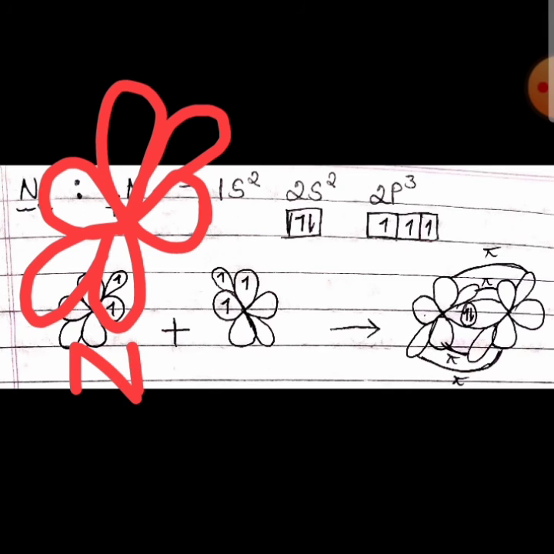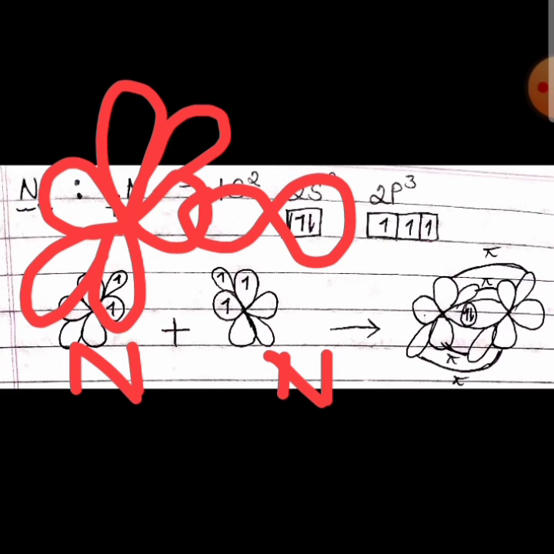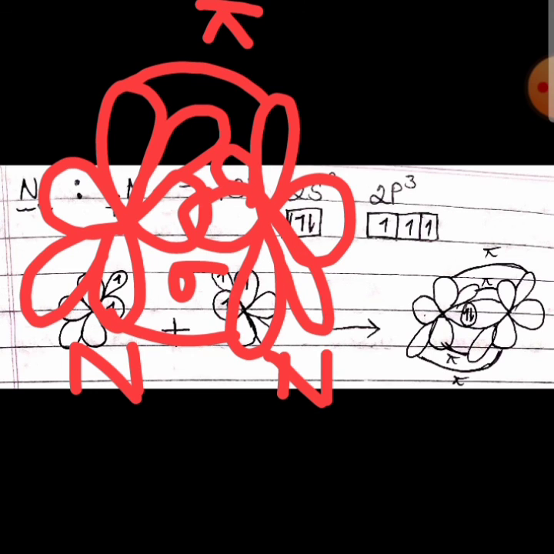The p orbital of another nitrogen overlaps axially to form one sigma bond between the two nitrogen atoms. The second p orbital having an unpaired electron overlaps sideways to form one pi bond. The third p orbital also overlaps sideways to form the second pi bond.